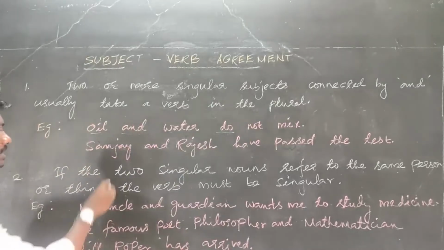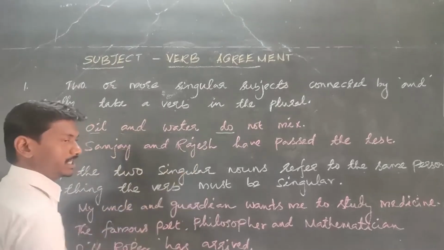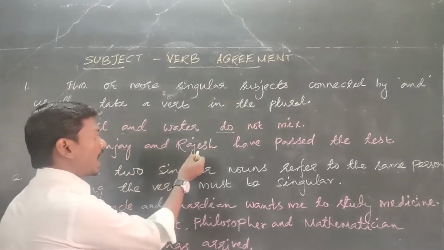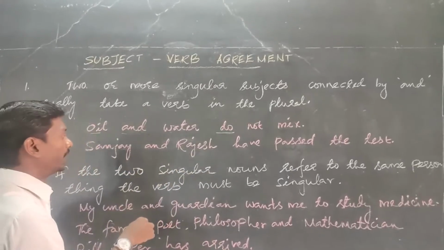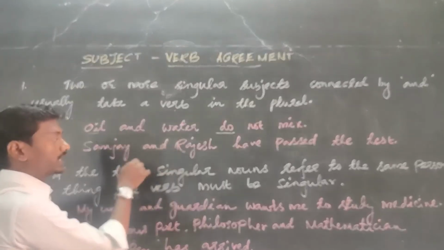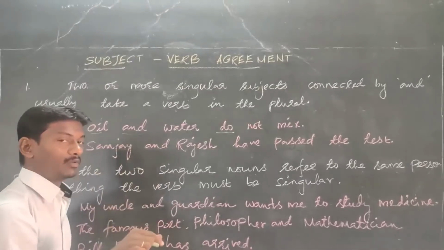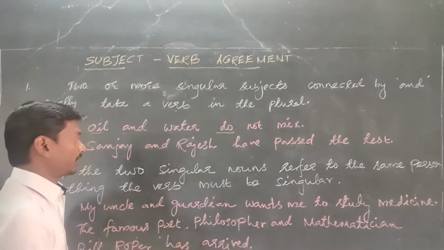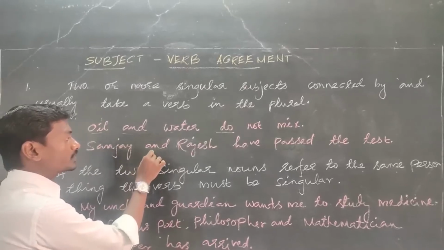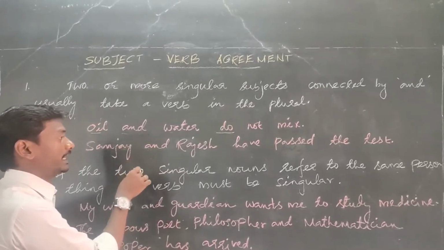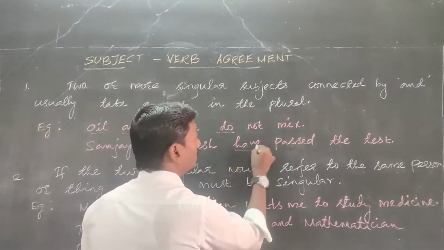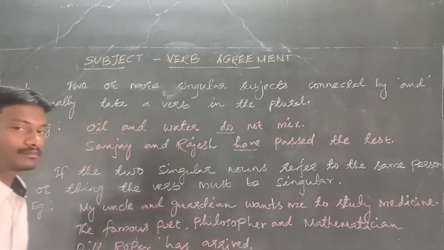The second one, Sanjay and Rajesh. This is also a singular noun, and this is also a singular noun. But when both come, it takes the pronoun they. At the same time, both subjects are connected by and. So this sentence also takes the plural verb, have.